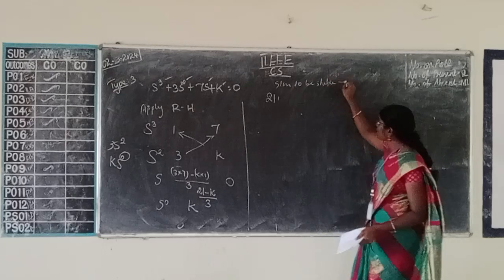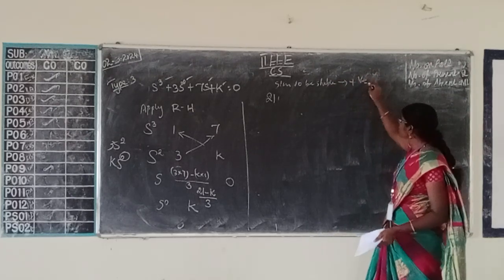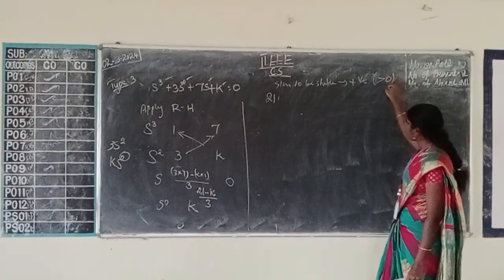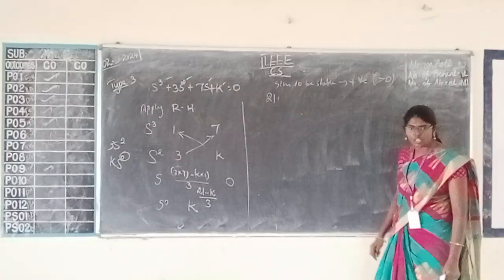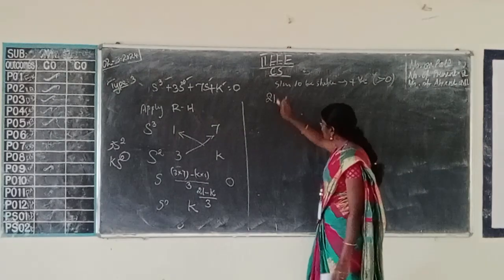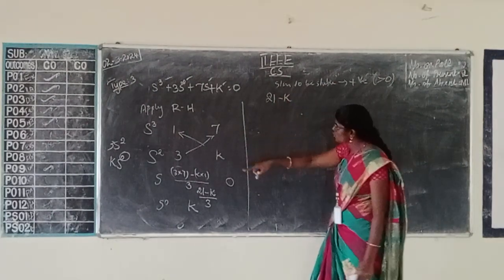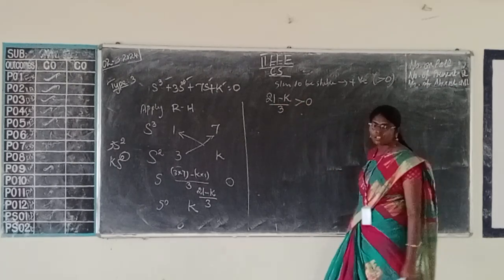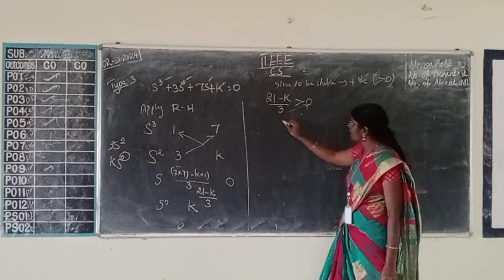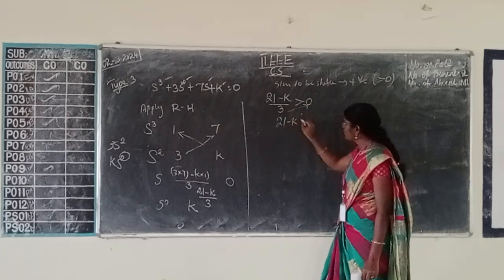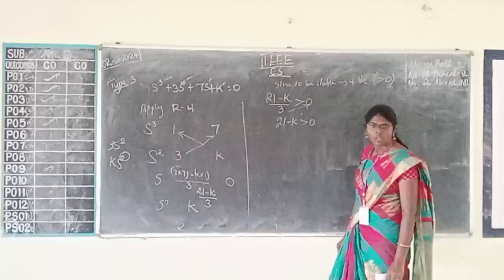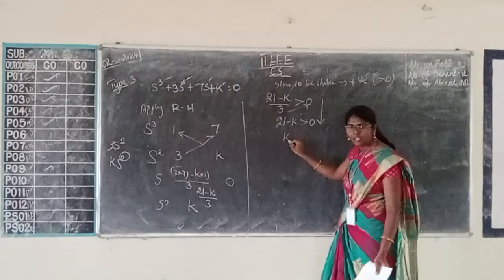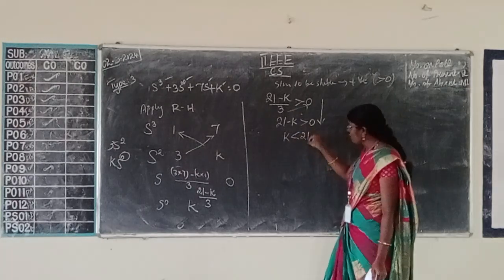The first-column elements should be positive, that is, greater than 0. So according to that, 21 minus K divided by 3 should be greater than 0. So when we take this 3 over, it will become 21 minus K greater than 0. Okay, so if 21 minus K is greater than 0, K will be less than 21.